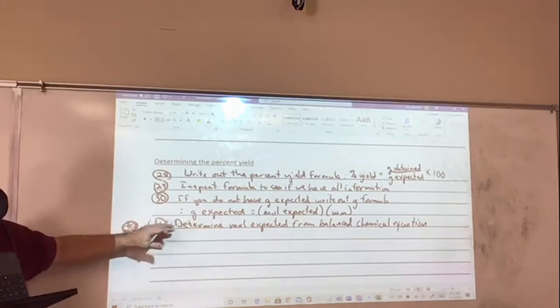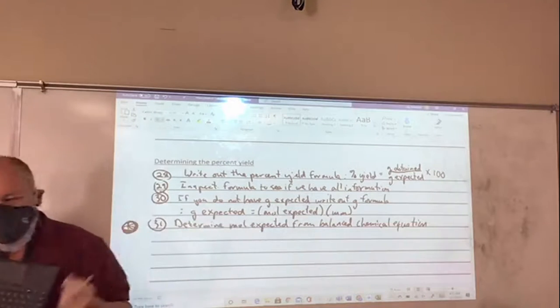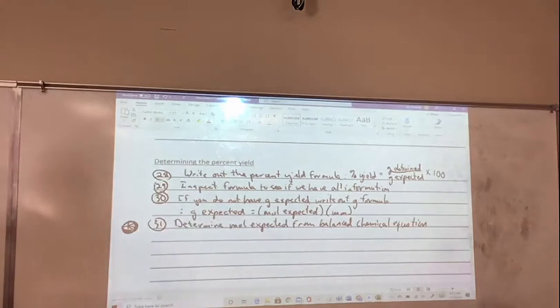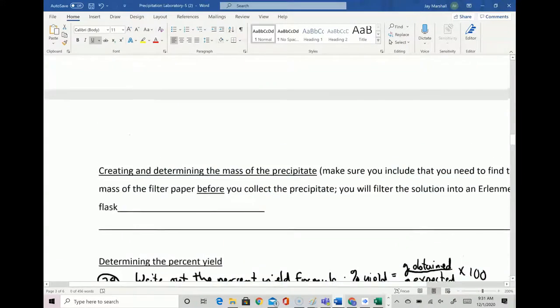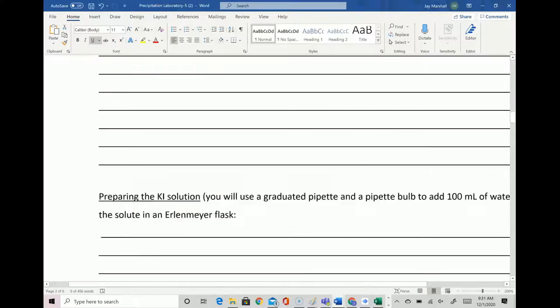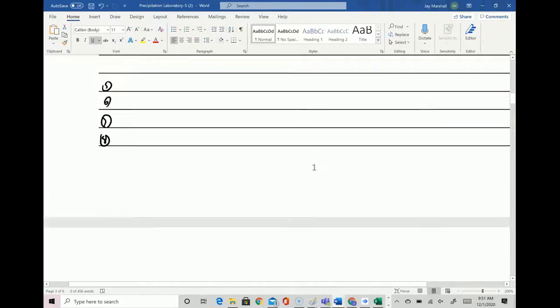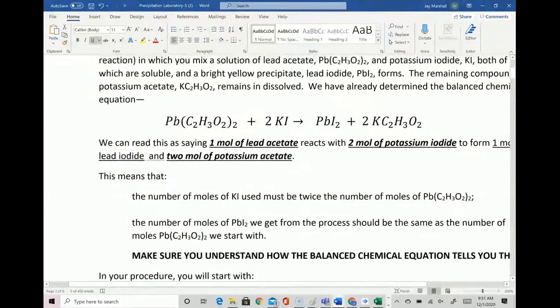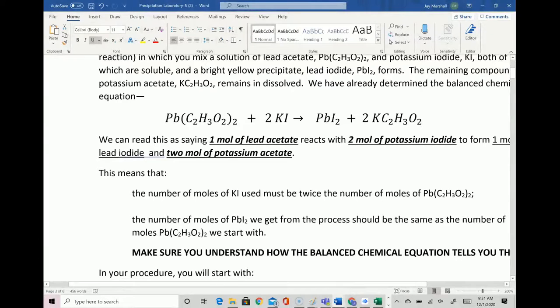How do I know what I am expected to get? If I go back up to my balanced chemical equation, this is everything for us.